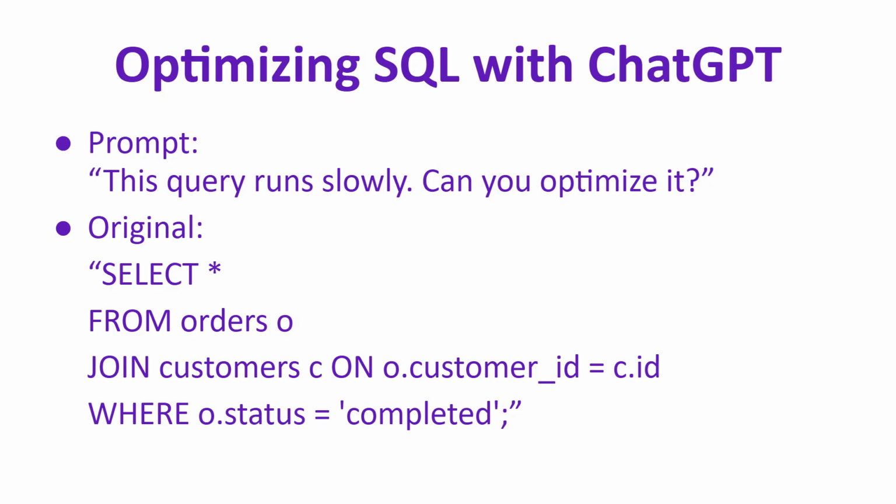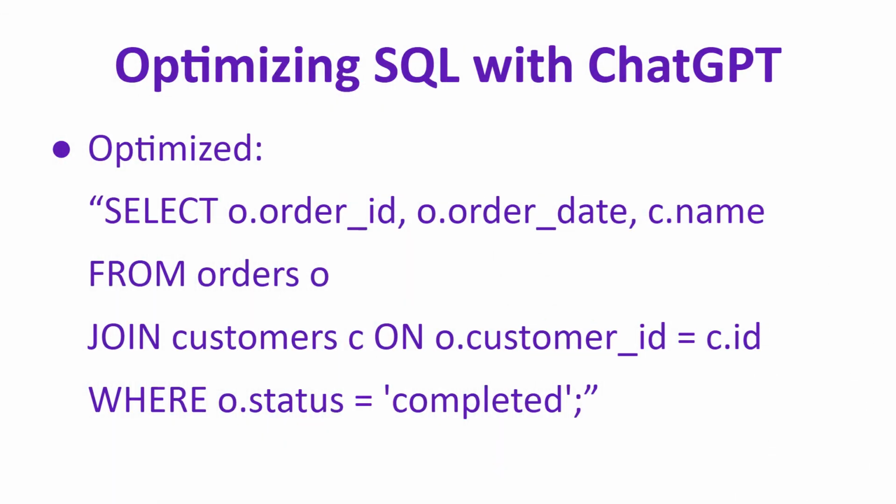The prompt is: this query runs slowly, can you optimize it? And we have specified the SQL query, that is select star from orders O join customer C on O dot customer ID equal to C dot ID where O dot status equal to completed. So now let's move to the practical demonstration of it.